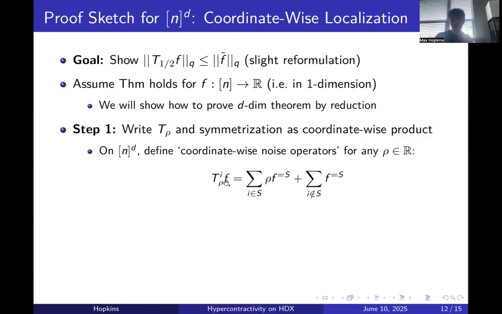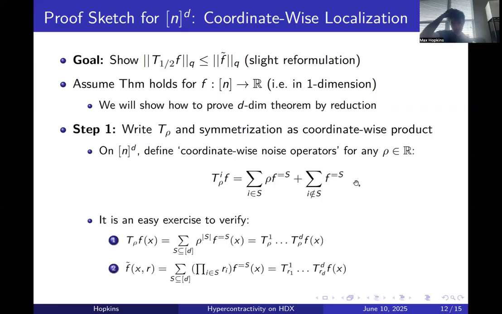We'll define T_rho^i of f to just multiply the Efron-Stein components that contain i by rho and leave all of the other Efron-Stein components unchanged. Because the Efron-Stein components are eigenvectors of this operator, it's very easy to verify that T_rho of f, which I recall as the sum of rho to the |S| times f^{=S}, is exactly the product of these T^i operators, T^1_rho through T^d_rho applied to f.